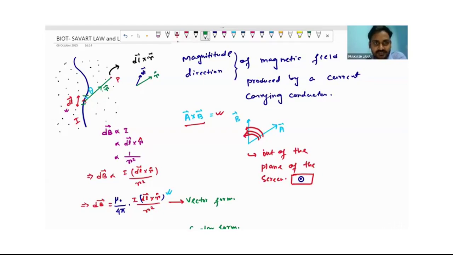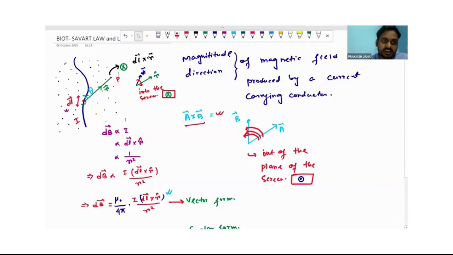So dl cross r: if we curl our four fingers from dl to r, the thumb will direct into the plane of the paper, that is into the screen, and we denote it by a cross within a circle. So here it is actually into the plane of the paper.